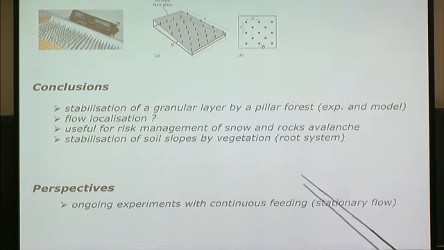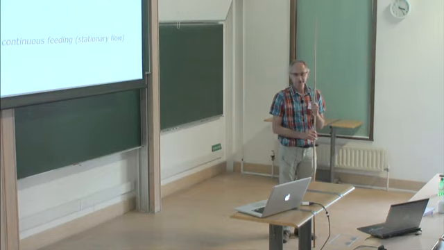Also, this may be related to stabilization of soil by vegetation, or the root system. And now we are presently doing some experiments with continuous feeding to see the effect of forests of trees on granular flows. Thank you.